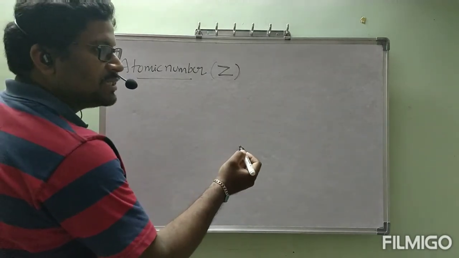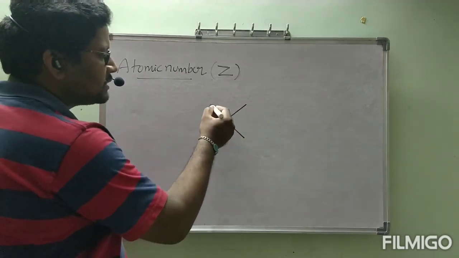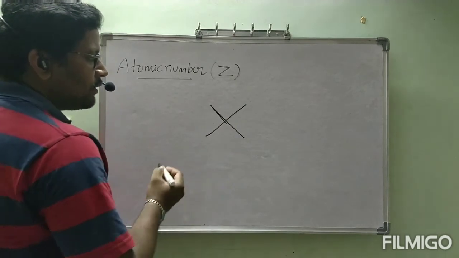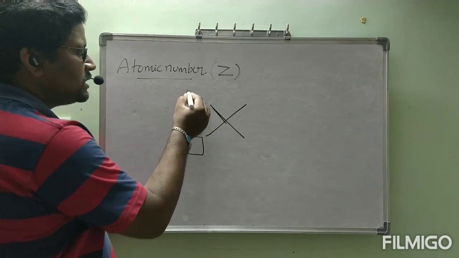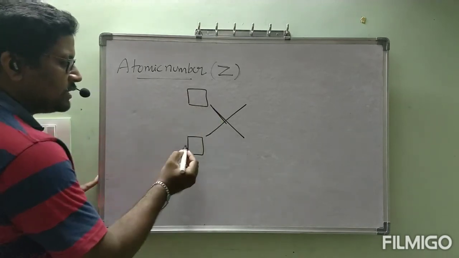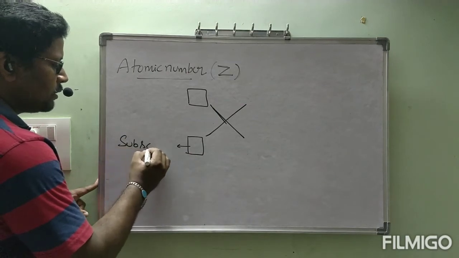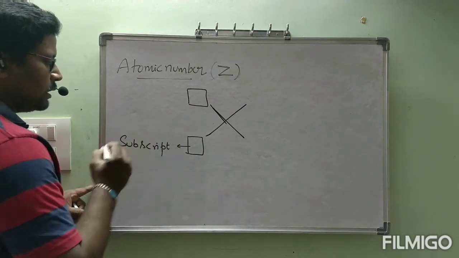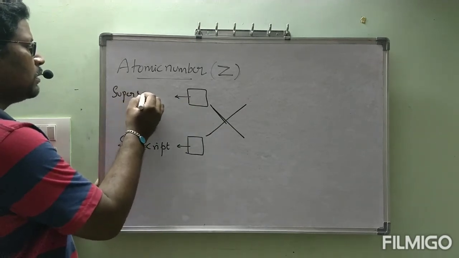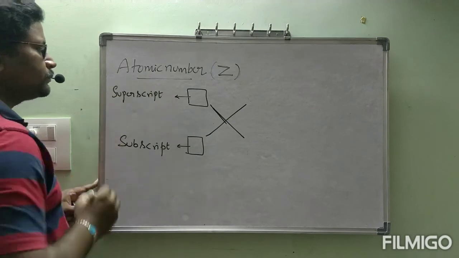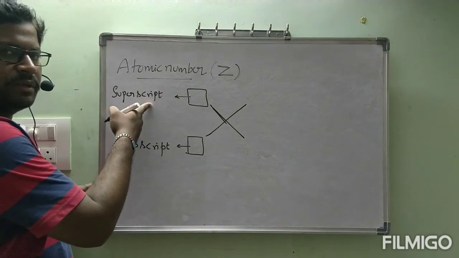If you see any general element representation symbol, we have two positions. This is one position and this is another position. This position is called subscript, and this position is called superscript.